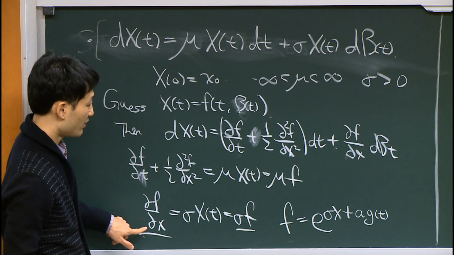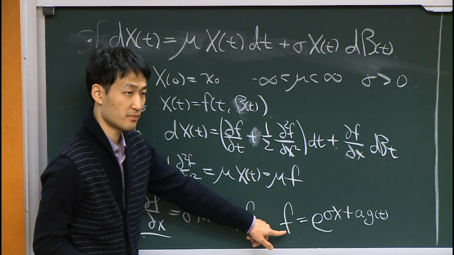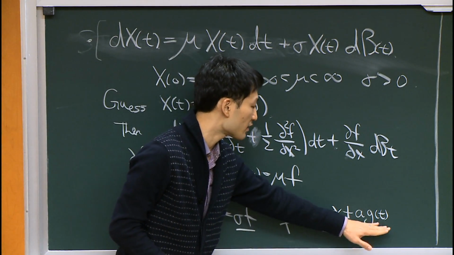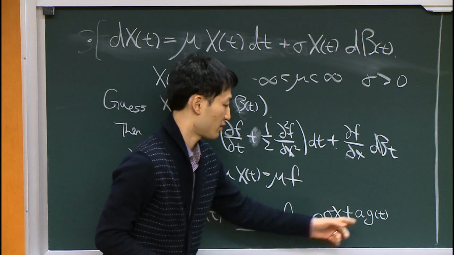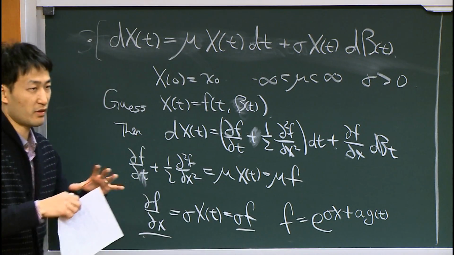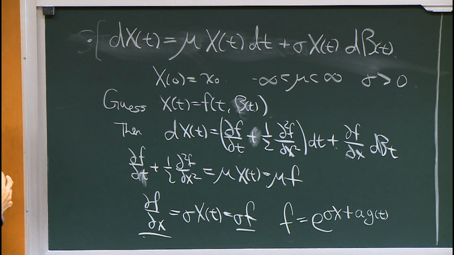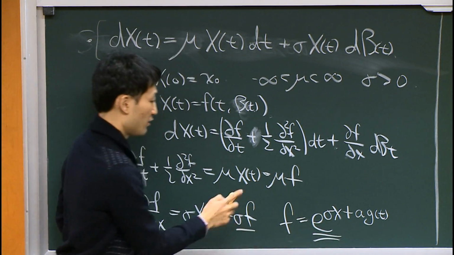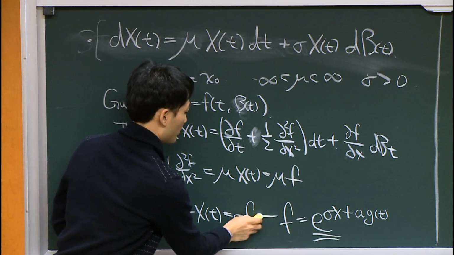The only way it can happen is if it's in this form. So it's an exponential function in x, and in the time variable, it's just some constant. When you fix a t, it's a constant, and when you fix a t and change x, it has to look like an exponential function, but in this form, just by the second equation.